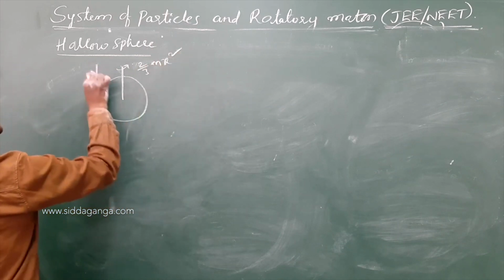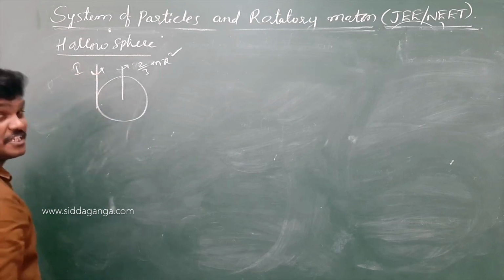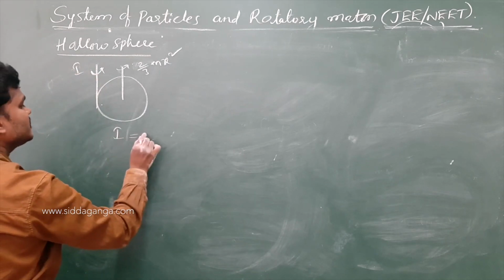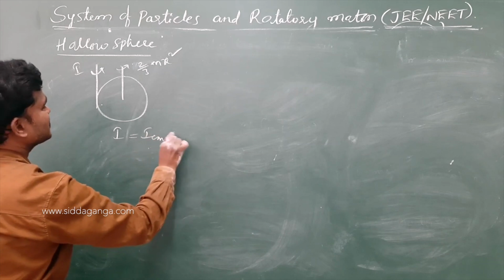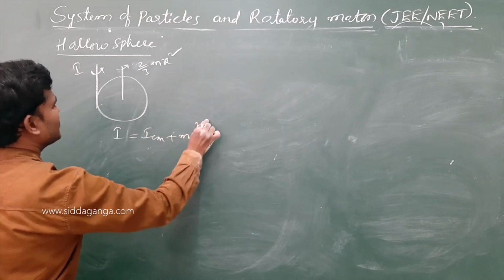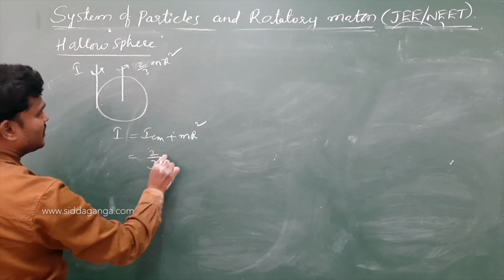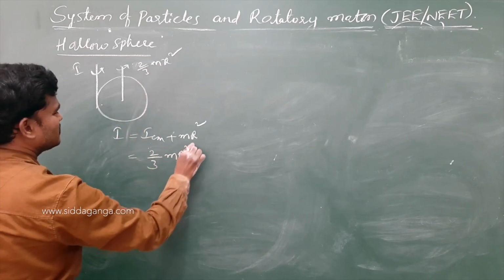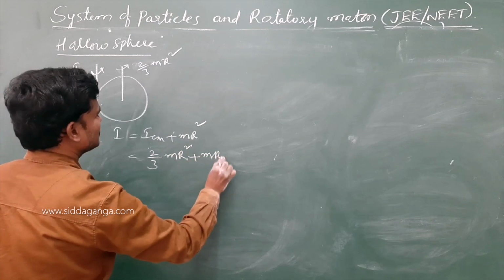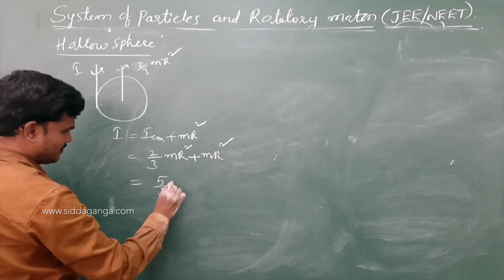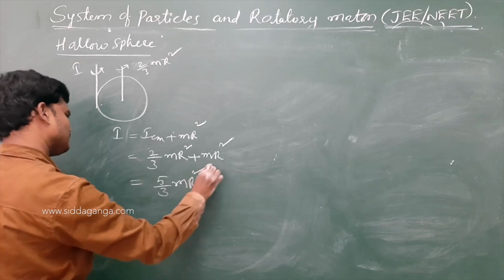Now about this I want about a tangent. So about a tangent is nothing but ICM plus mr square. What is ICM? Passing through center is 2 by 3 mr square, plus mr square, which is 5 by 3 mr square.